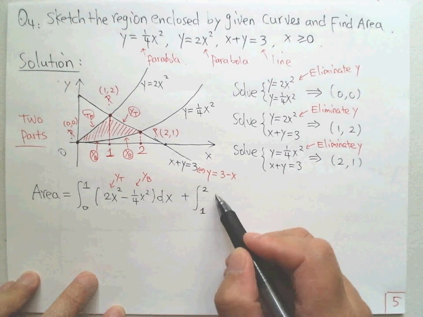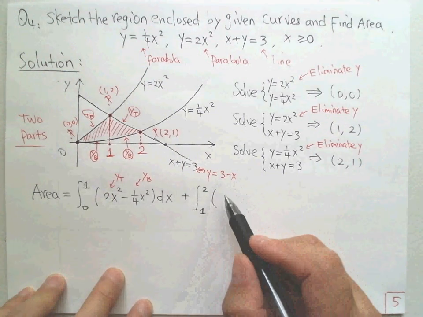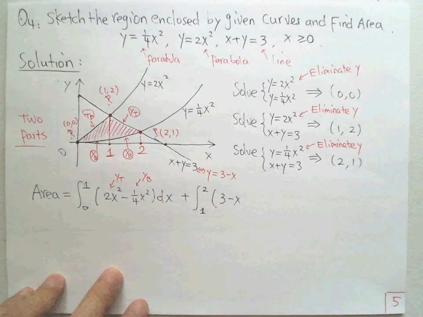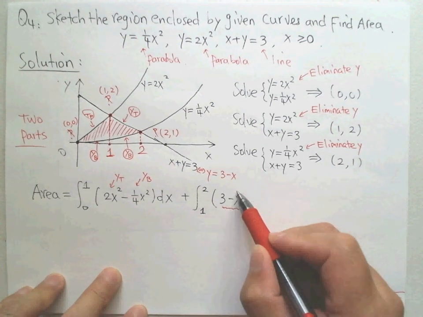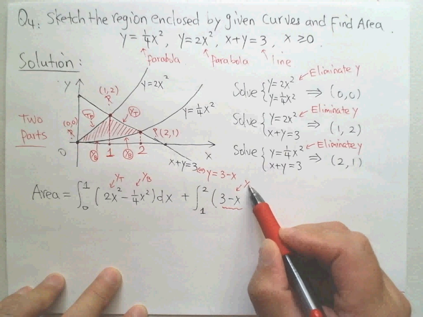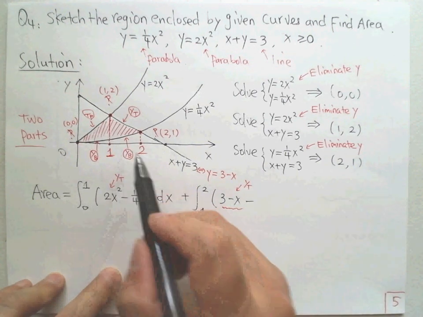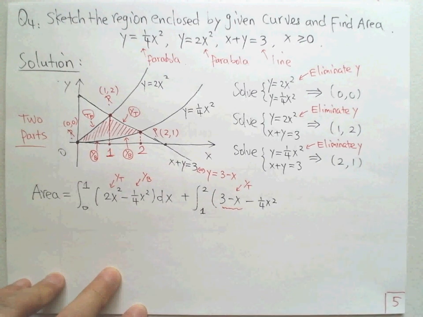So I'm going to set up the second integral. Integrated from 1 to 2, and the top is y, 3 minus x. Pay attention, the whole thing is y top.